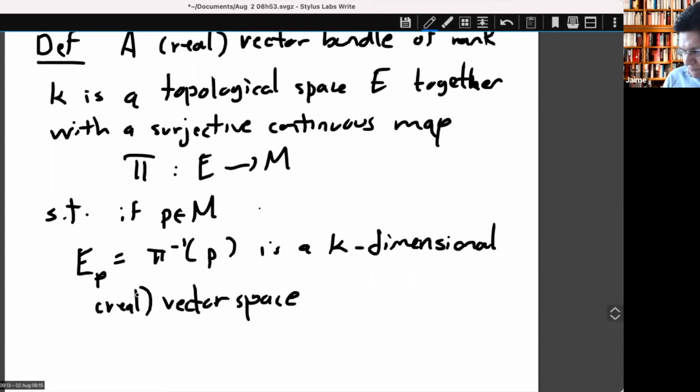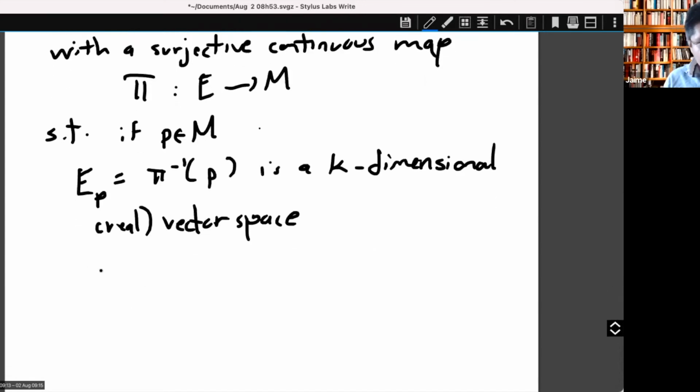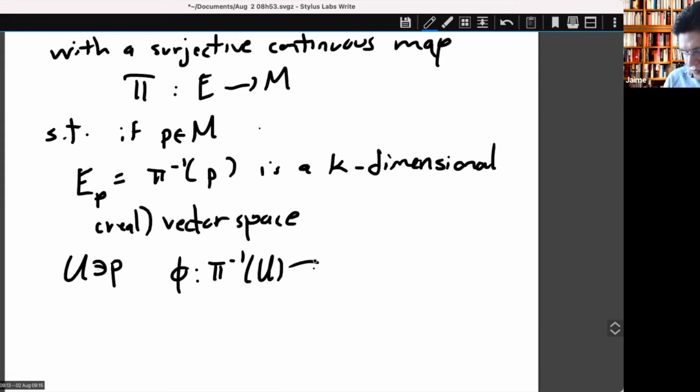And then if you take a neighborhood U of p, then you have a homeomorphism between the pre-image of U and U times R^k.